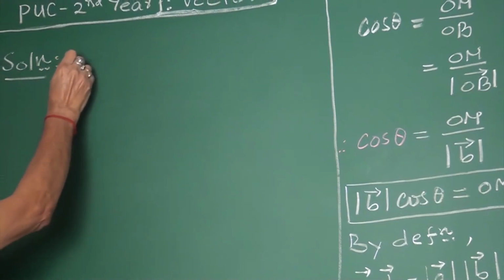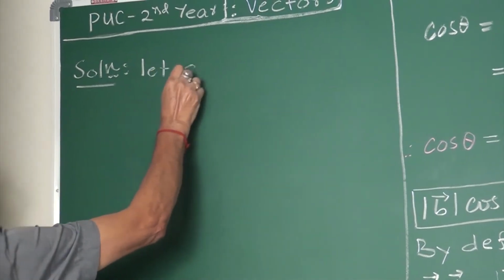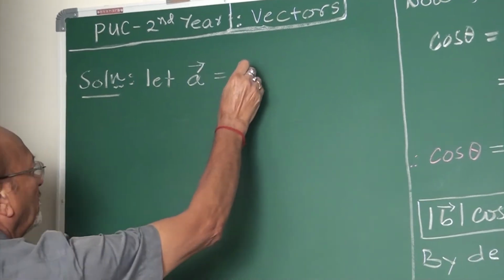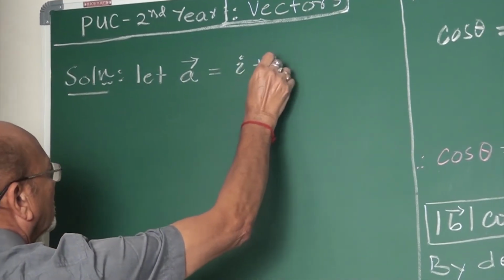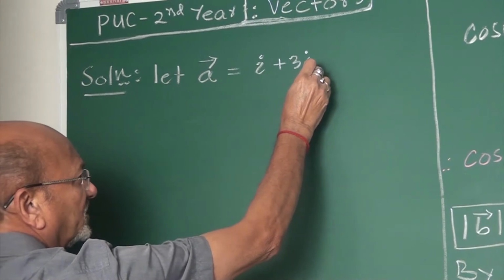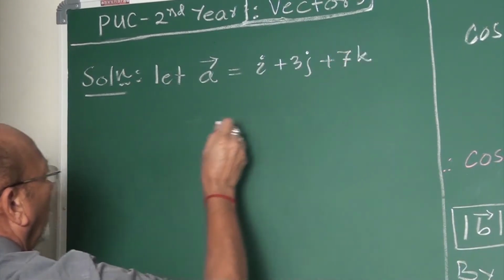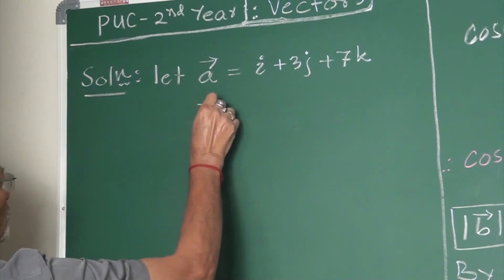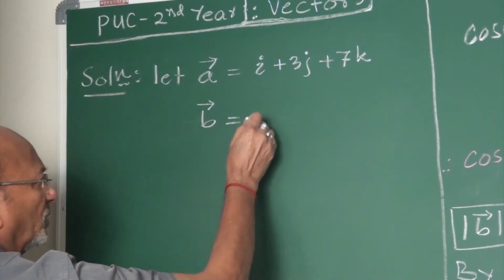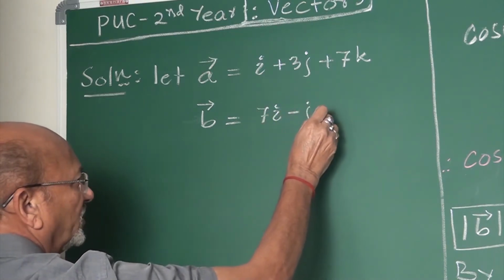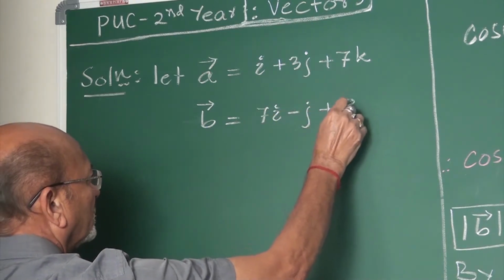This is the solution of that example. Let vector A equal i plus 3j plus 7k, and vector B equal 7i minus j plus 8k.